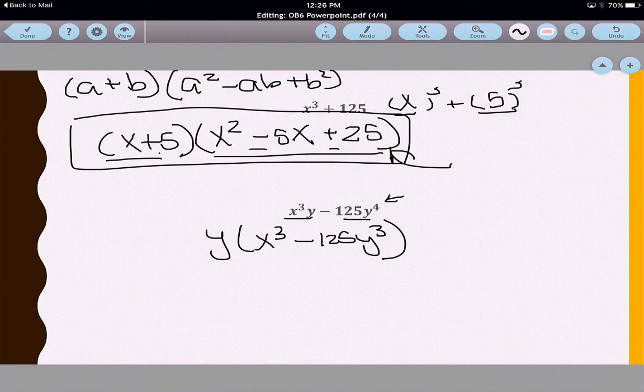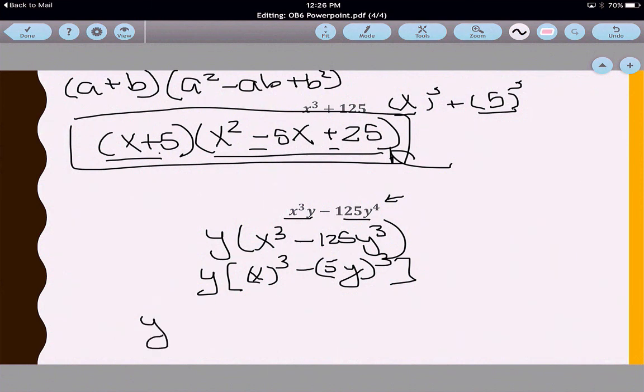And I like this example because there are two variables in here, but it's not any more difficult than it was before. I'm going to rewrite this in terms of cubes, where I have an x in here, and the cube root of 125y cubed is just going to be 5y. And now I can just use my formula.